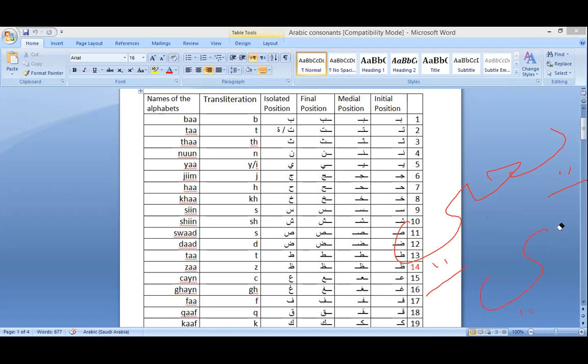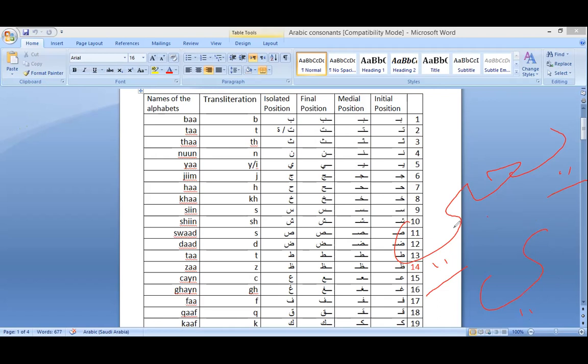So if you look at these two here, this one and this one, because this other letter ends somewhere here. So this shape here and this shape here, don't they look the same? Yes.